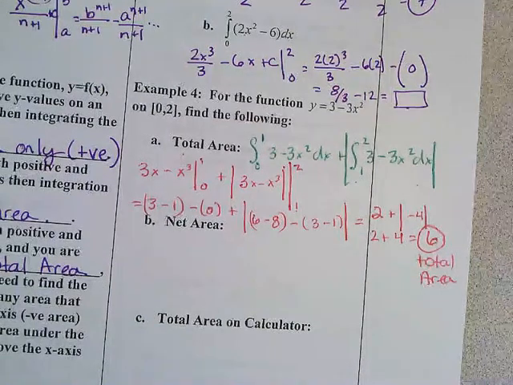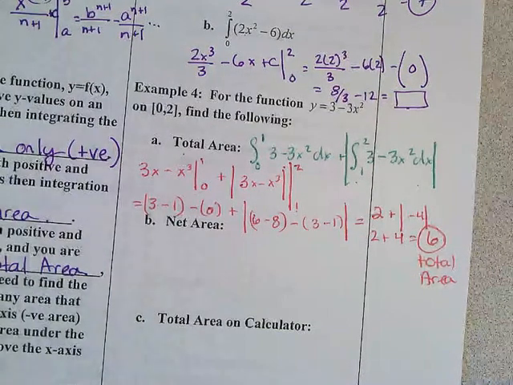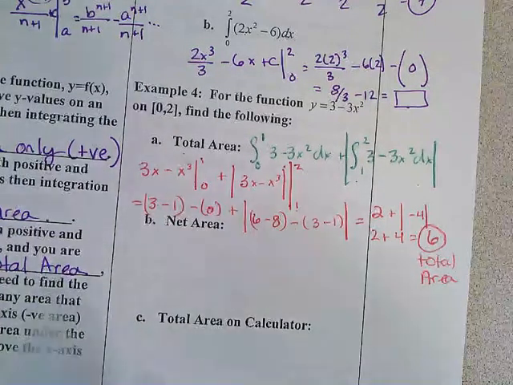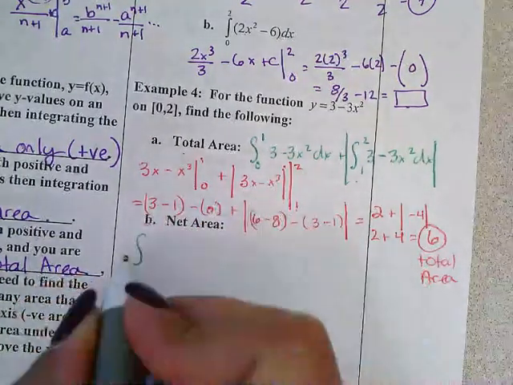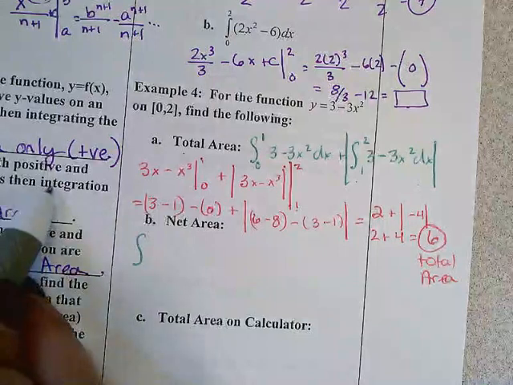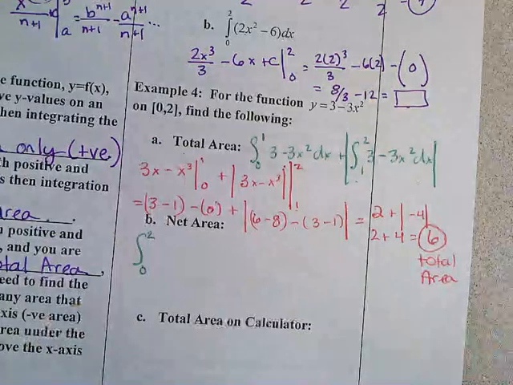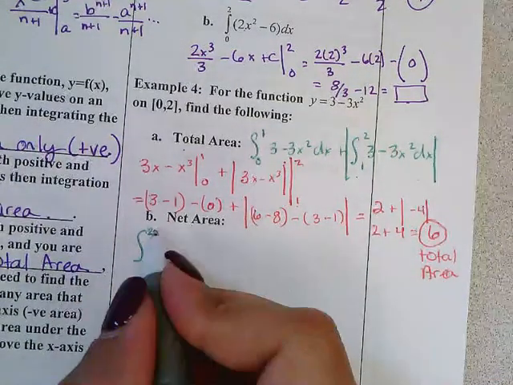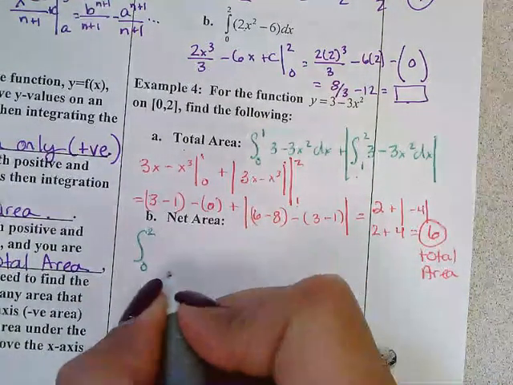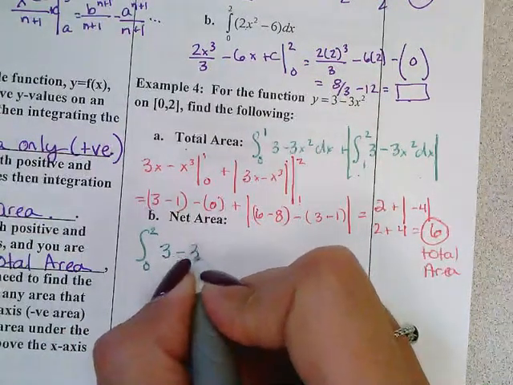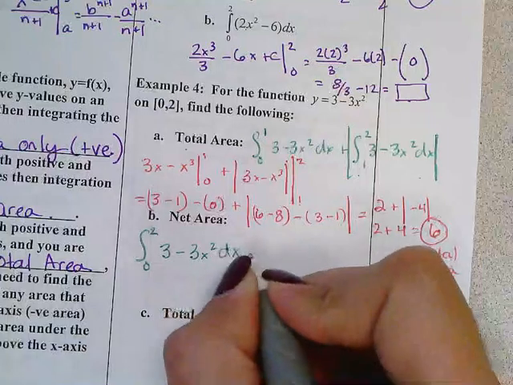Now, what is the net area? The net area is going to be a little different here. We're going to integrate the whole entire thing, the net, from 0 to 2 of 3 minus 3x squared dx.